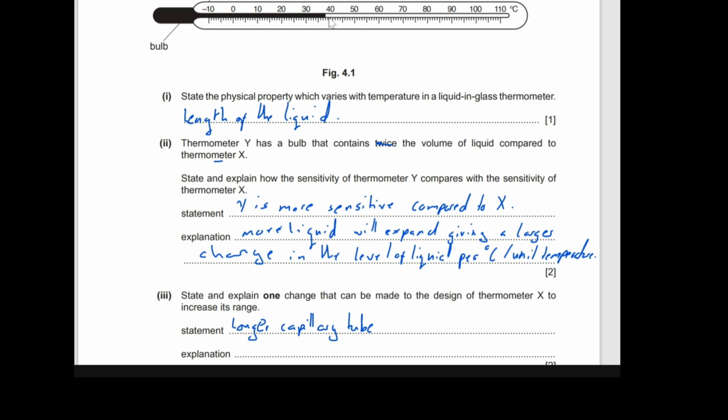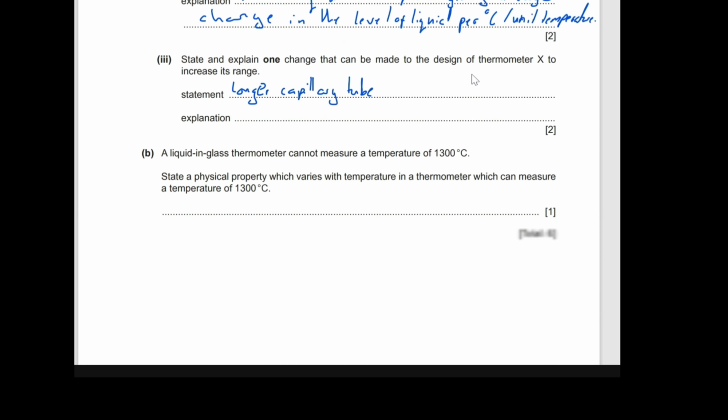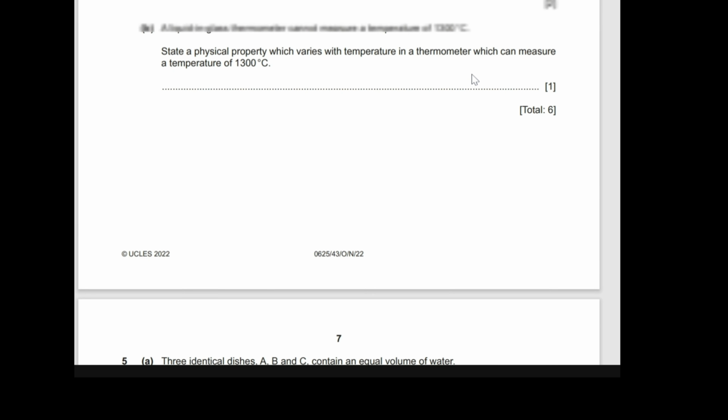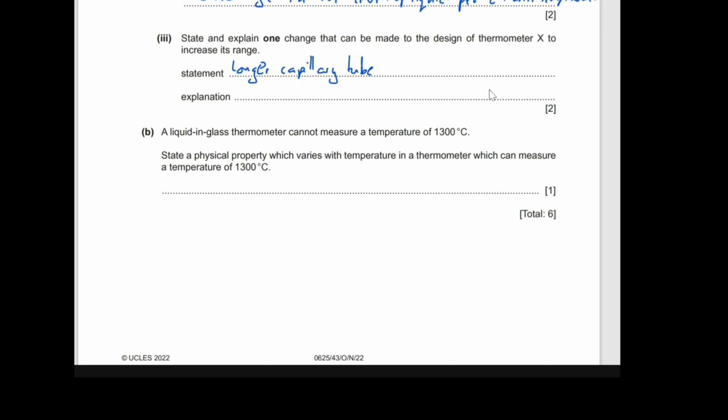This is the capillary tube we are talking about, the tube there. If it's longer, it is much easier. The explanation is simply so that the liquid can expand further.